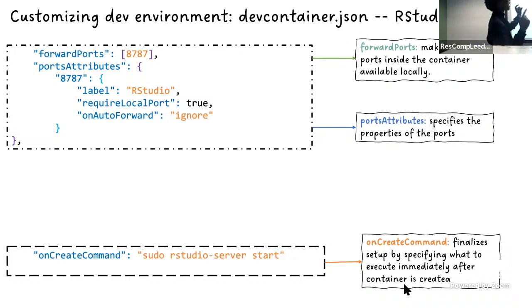For instance, I know that Rocker comes with certain ports, so I can add parameters that say expose a port from inside the dev container and make it available locally, and specify whether you want the port to open automatically or not. And then lastly, say that when you create the container, fire up the RStudio IDE.